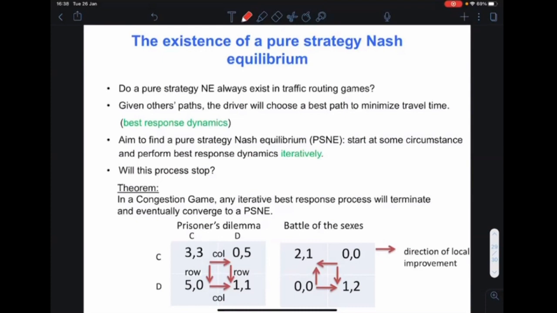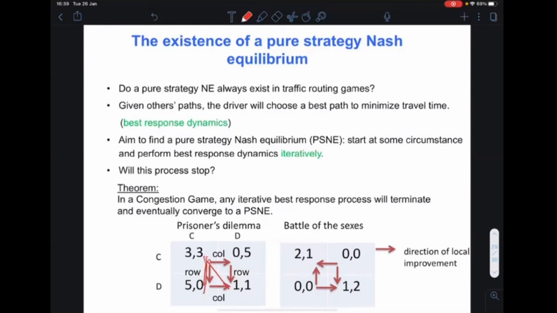It says that if I always do best response, I have a best response process. Remember, when we were talking about Cournot's duopoly game, we had this best response process, where each time we do best response. Equally here, you can also do this best response.